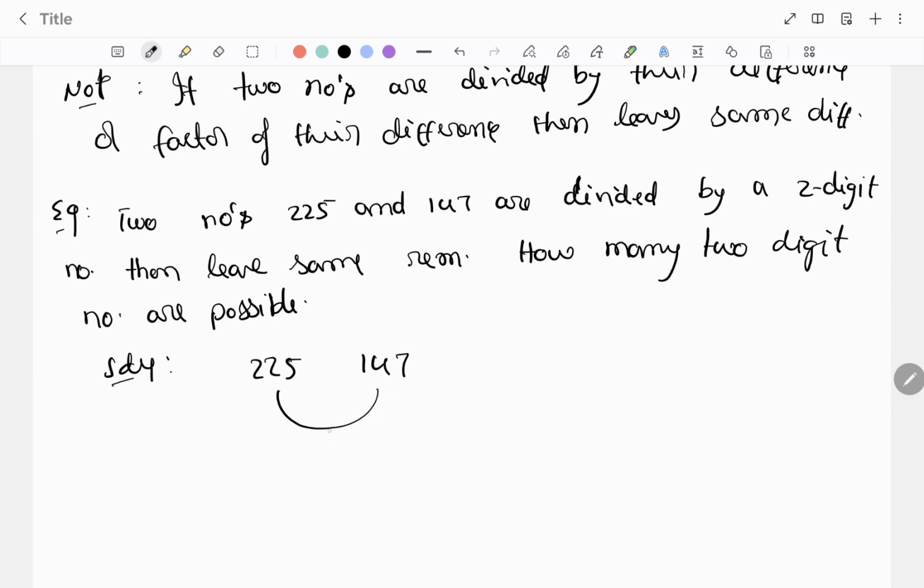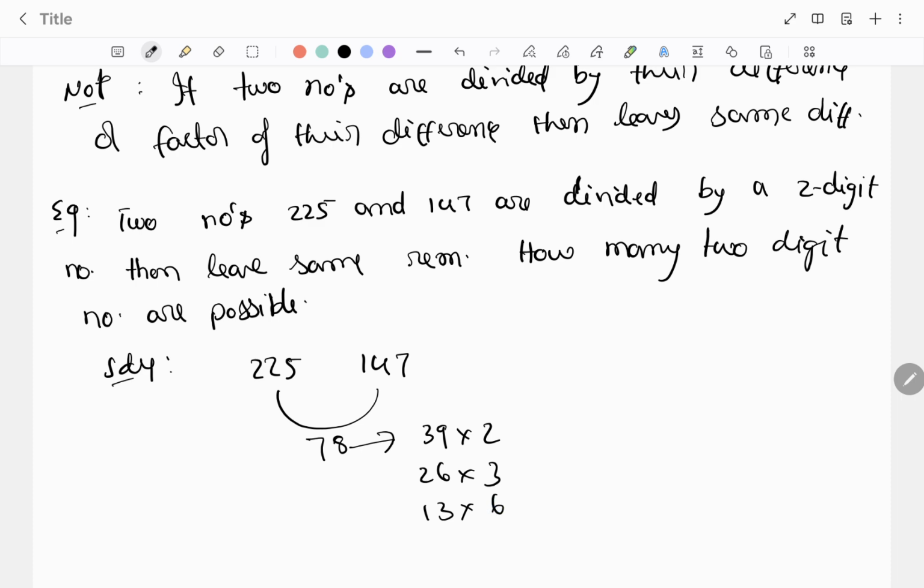The difference is 78. This is a 2-digit number. Then this can be written as 39 into 2, 26 into 3, or 13 into 6.